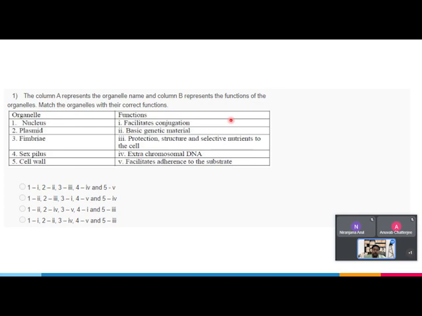Functions given are facilitates conjugation, basic genetic material, protection, structure, and selective nutrients to the cell, extrachromosomal DNA, and facilitates adherence to the substrate. The options are given here. These are a round up of options, so only one of the options is correct. So I would like some answers in the chat. You can guess whatever you think is the correct option.